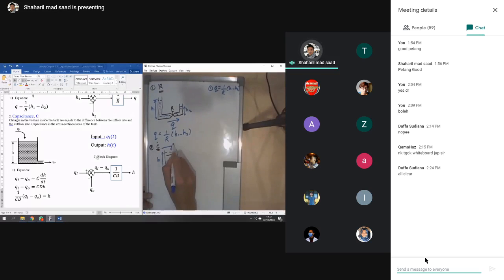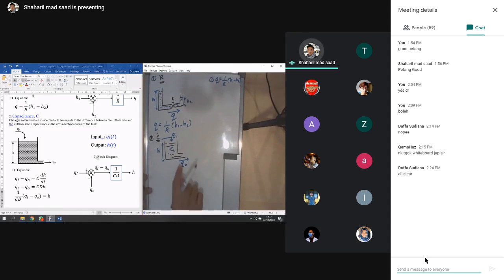This one is QI, and the result will be Q0. So the equation is input minus output: QI minus Q0 is equal to C dH over dt. Your capacity of water depends on the time.